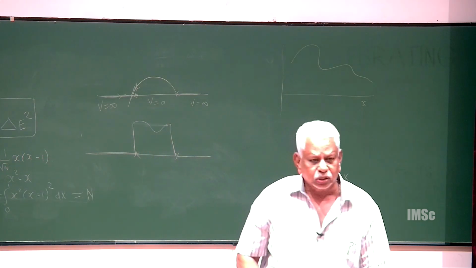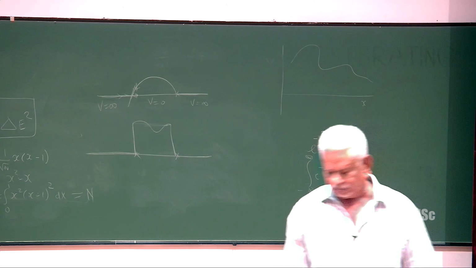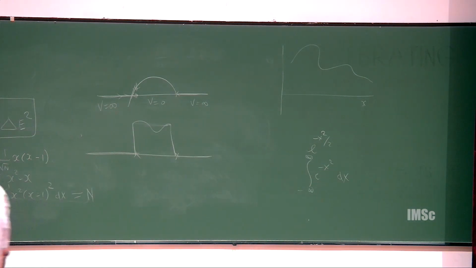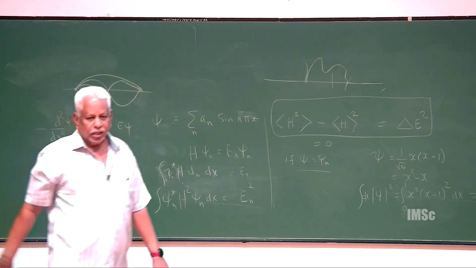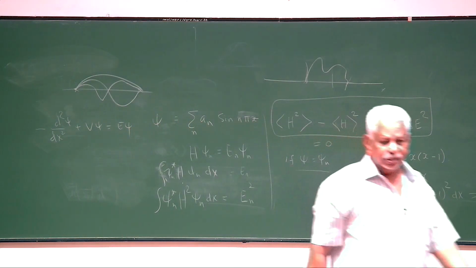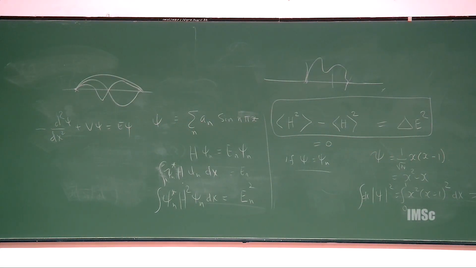You are trying to solve a differential equation where the differential equation is like this. You are trying to solve this equation. That V of x which you have written is a potential which you are giving. From outside I am creating that potential, like this wall, etc.